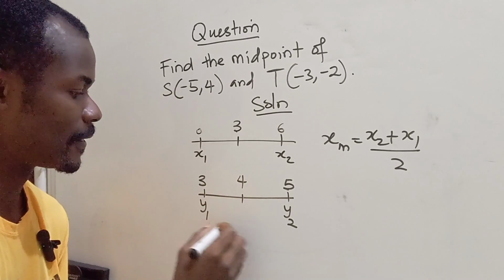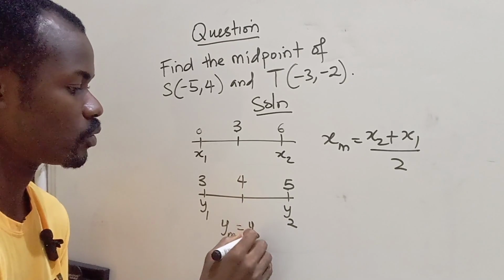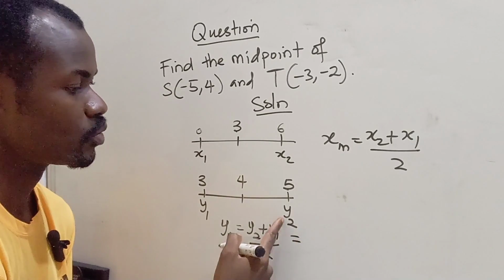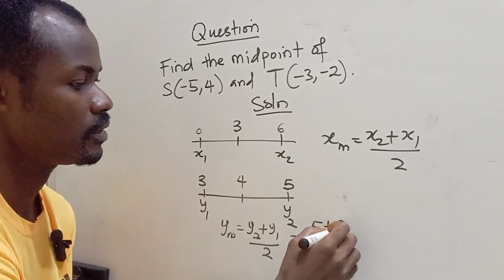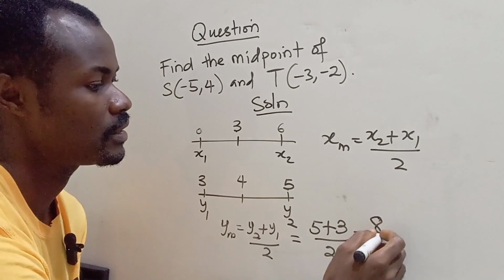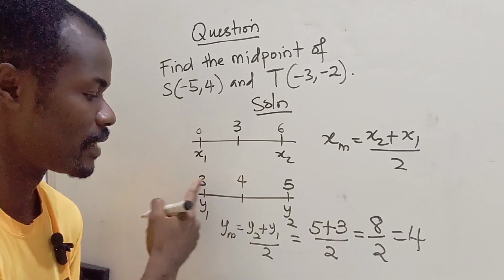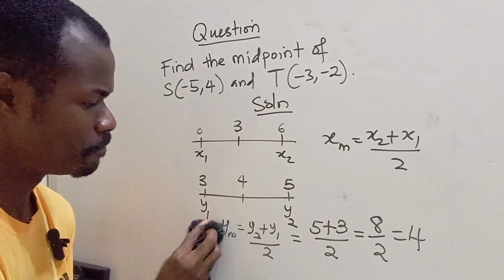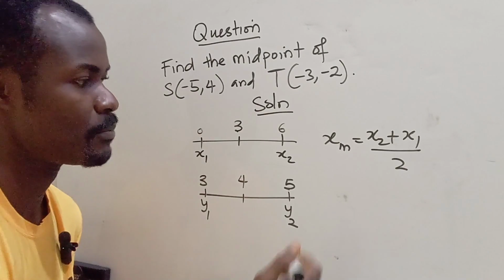The y midpoint on this line will be y2 plus y1 divided by 2. So y2 is 5 plus y1 is 3, divided by 2. 5 plus 3 is 8, divided by 2, which gives us 4, right in between 3 and 5. So that gives us the formulas for our midpoint.